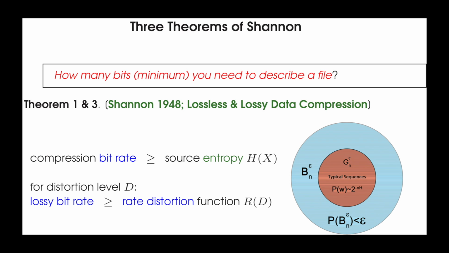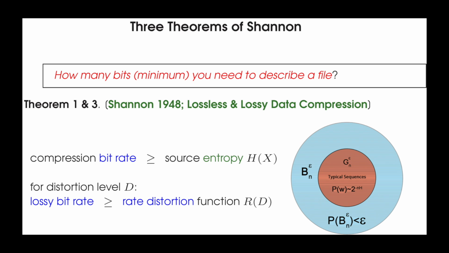What was the most important about Shannon, and I like the spirit of Shannon, was to ask fundamental questions and then do simple mathematics to answer them. Here's the first question that Shannon asked: how many bits do you need to describe a file? What is the minimum number? What is the minimum description of a file?